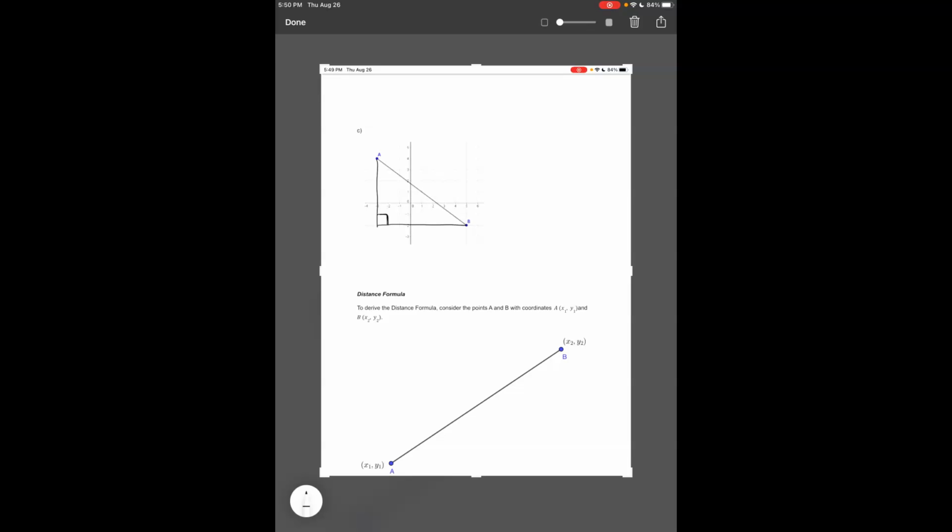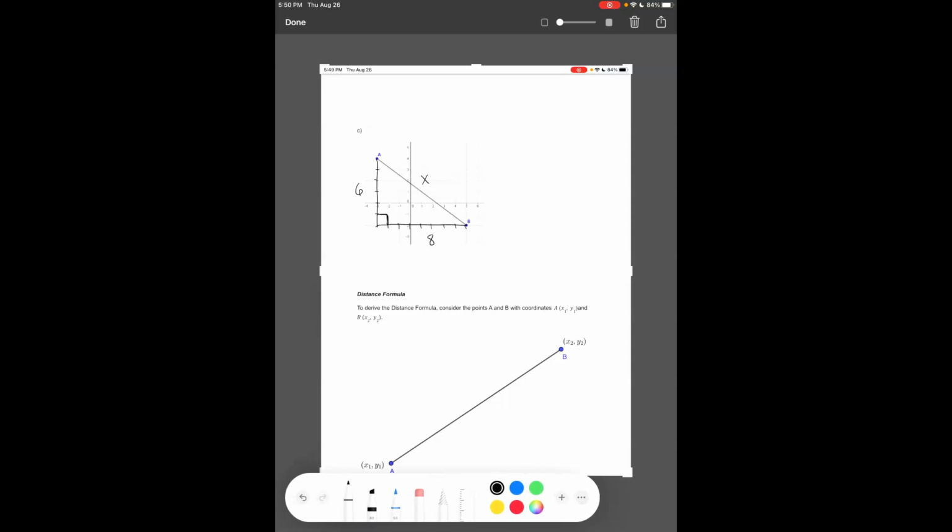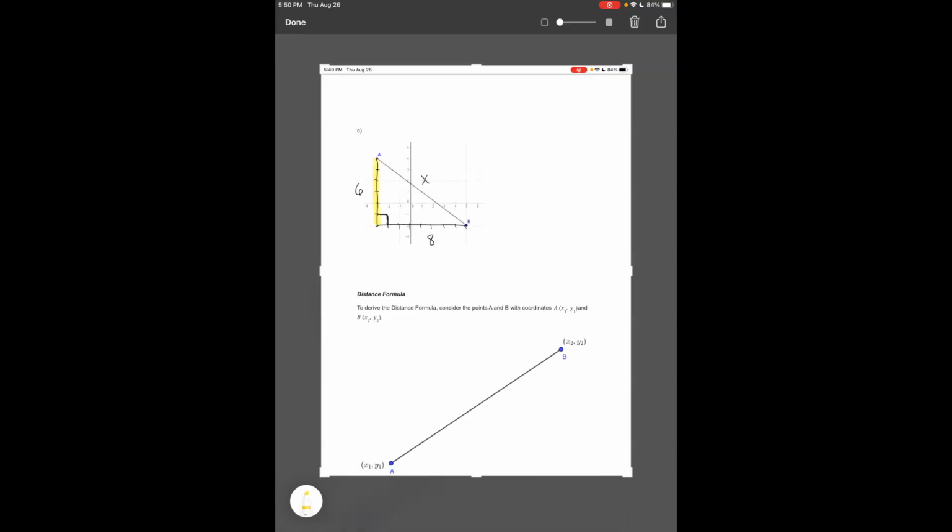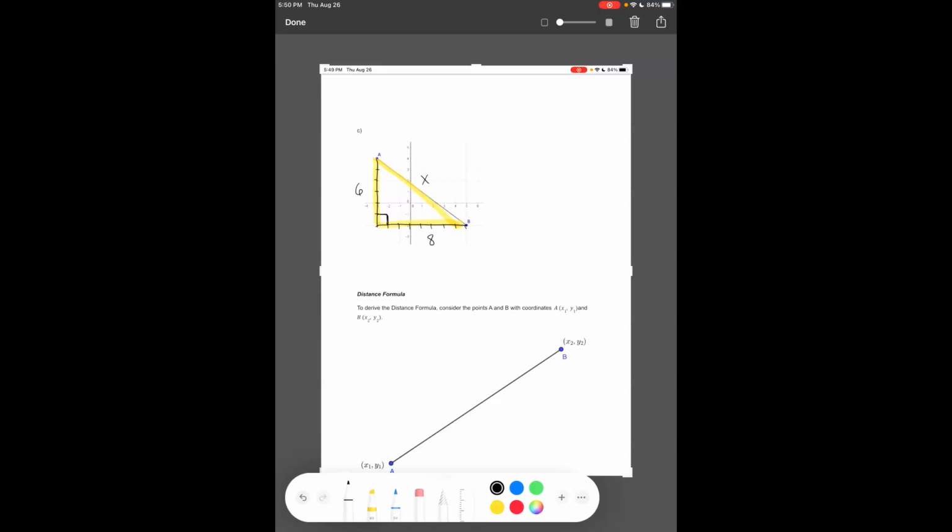Now this vertical distance is 1, 2, 3, 4, 5, 6 units. And the horizontal distance is 1, 2, 3, 4, 5, 6, 7, 8. What we're looking for is the distance from A to B. And if you notice, the slope triangle forms a right triangle, where the distance is just the hypotenuse of that right triangle.